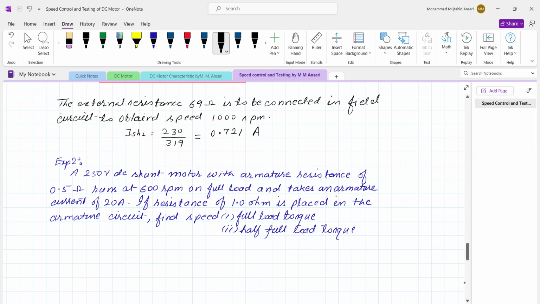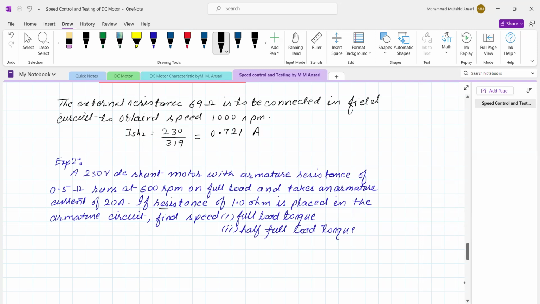So in this case, what points are given? It is clear that a resistance of 1 ohm is placed in the armature circuit, which means we are putting the external resistance in series with the armature circuit.